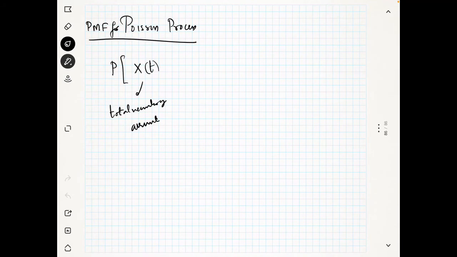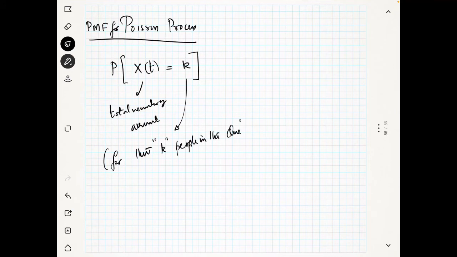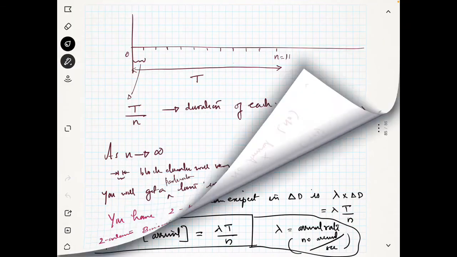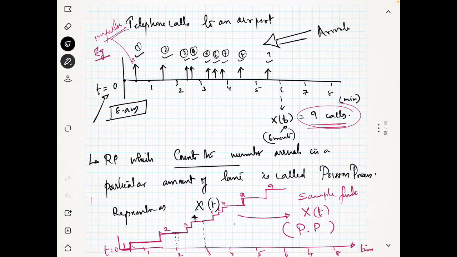So the probability that x of t takes the value k, that means there are k people in the queue. You can see here x of t takes the value 4.